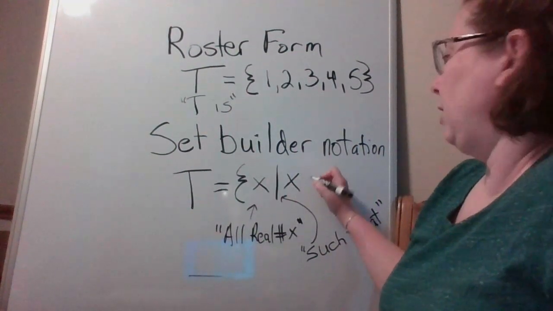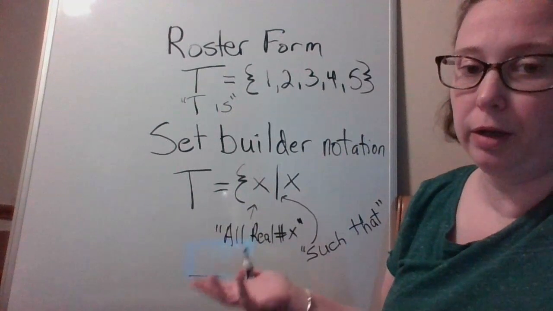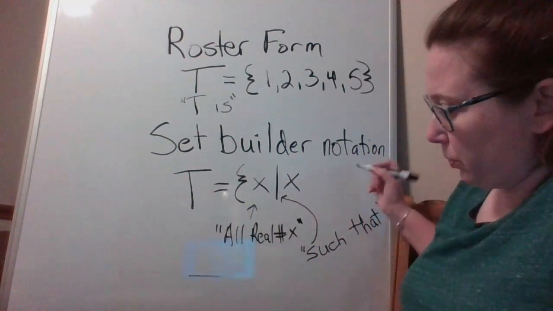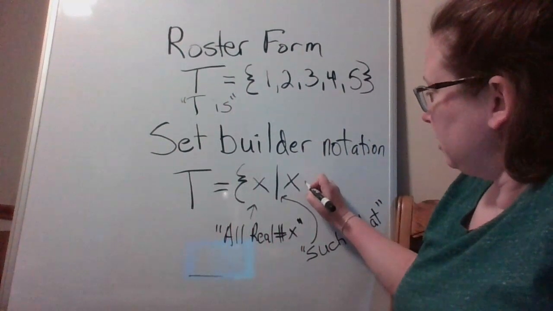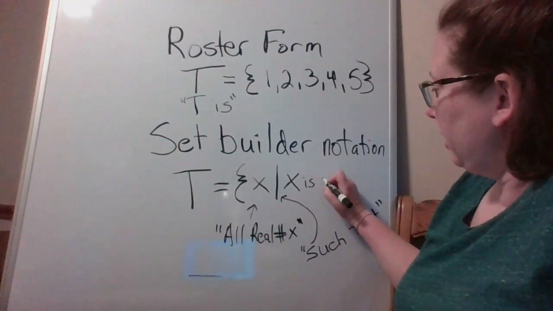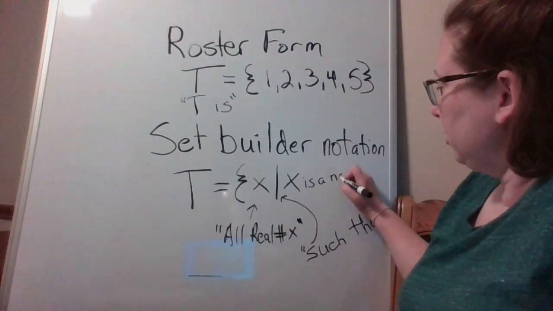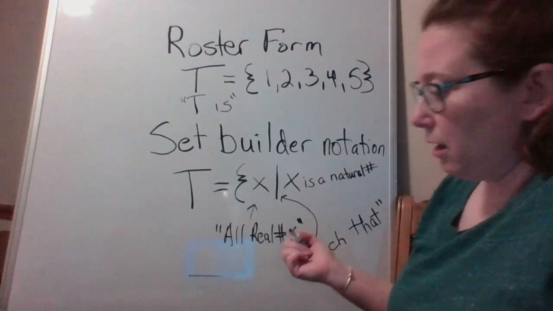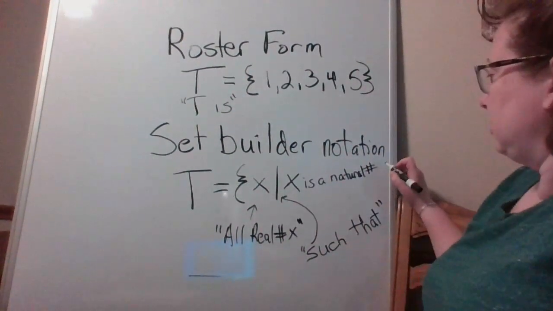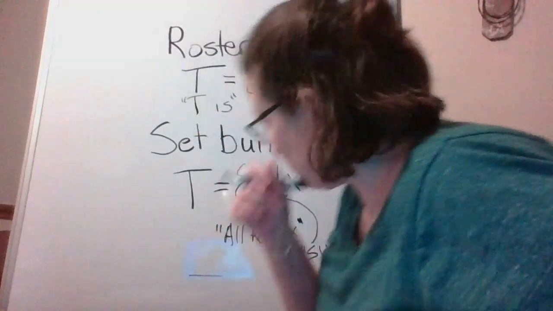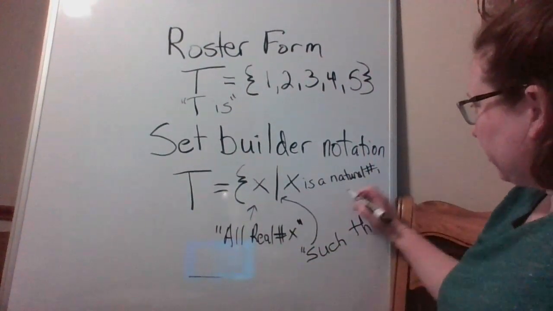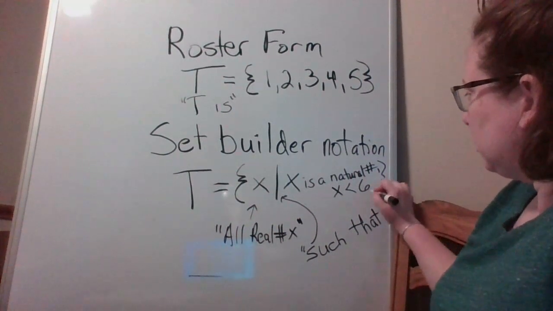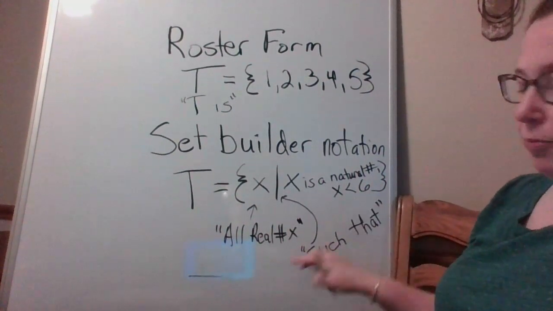And you can specify what x is now. So in this case, we're going to say that x is a natural number, and for the and, we're just going to put a comma, x is less than 6. And we close our bracket.